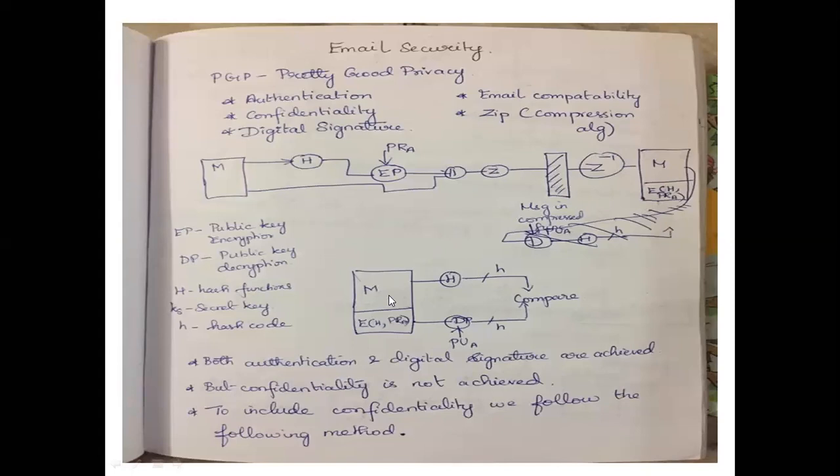From the message, they again perform the hash function to get a hash code. This will be the generated hash code, and this is the appended hash code. From the sender, you get this hash code, and you decrypt it using the public key of A, so this hash code is from the sender. The generated hash code and the sender's hash code are then compared.